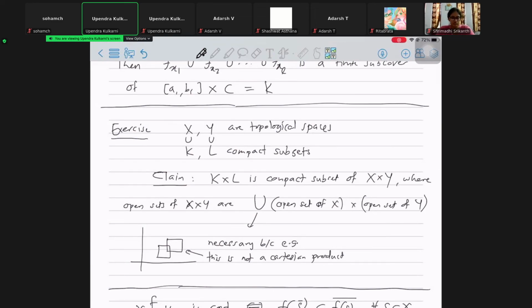But perhaps to disentangle the metric space aspect of it, or the infinity metric aspect of it, from the basic construction that we are doing, it may be worthwhile to do this exercise in the context of topological spaces. Then you will see what is going on.